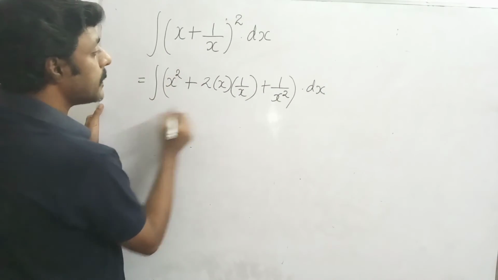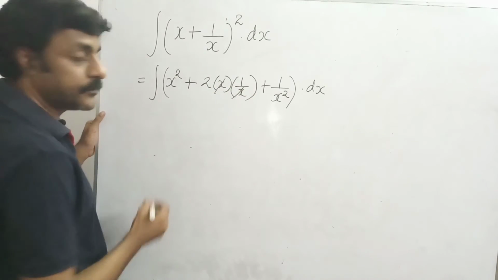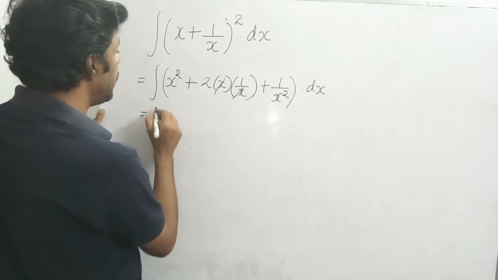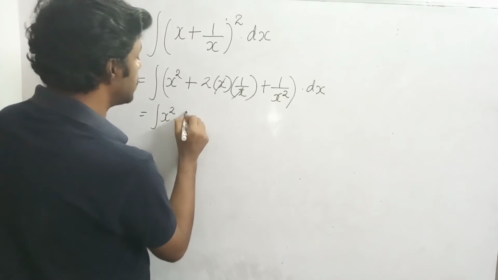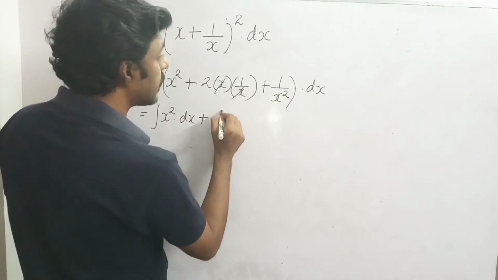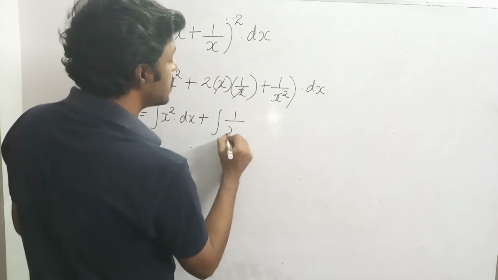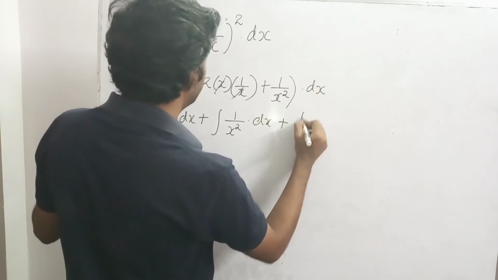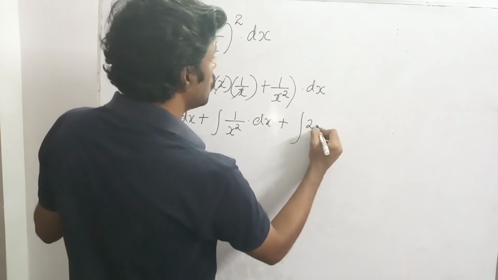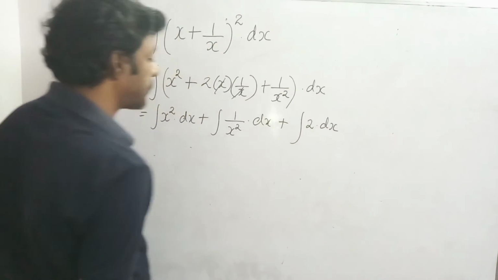So the x will get cancelled. So we need to put integral of x square into dx plus integral of 1 by x square into dx plus integral of 2 into dx.